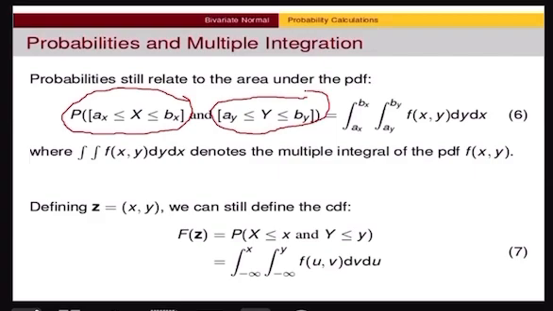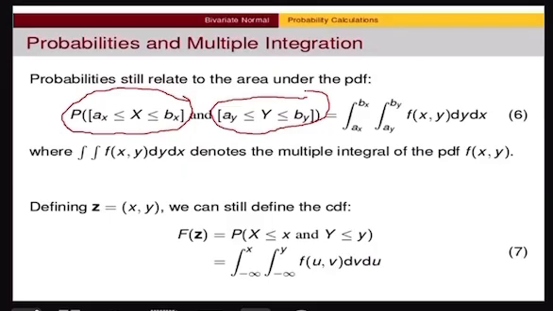If I want to figure out the percentage of my patients whose random variable values lie between A and B, I'm actually seeking a joint antiderivative.